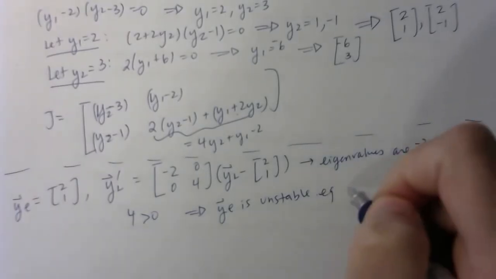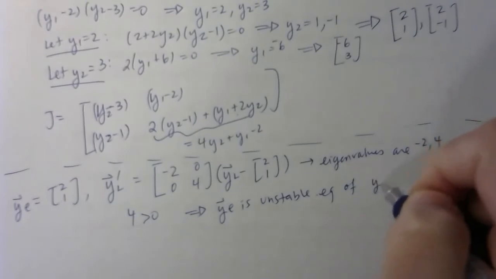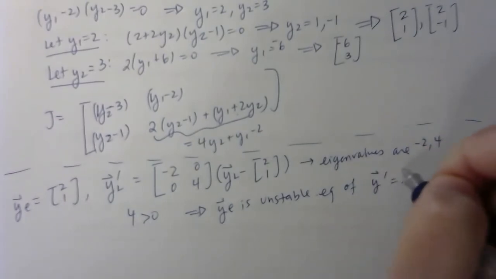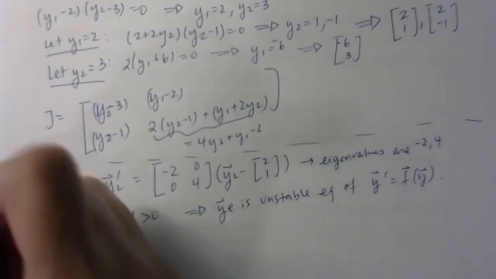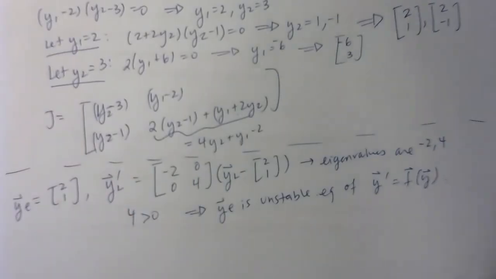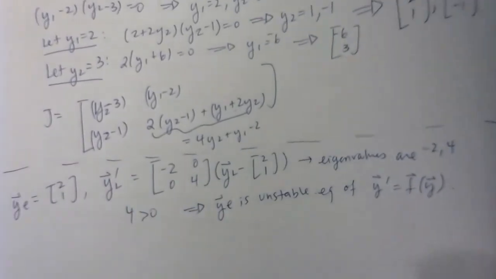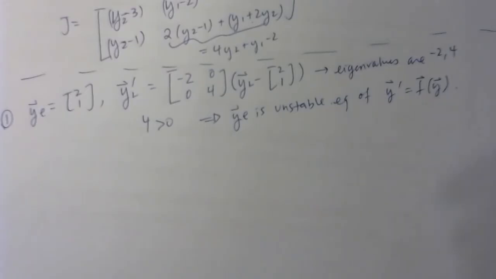We'll be specific. Equilibrium of Y prime is F of Y. Because it's unstable for the linearized system, so it's unstable for the nonlinear system. Equilibrium number 2.